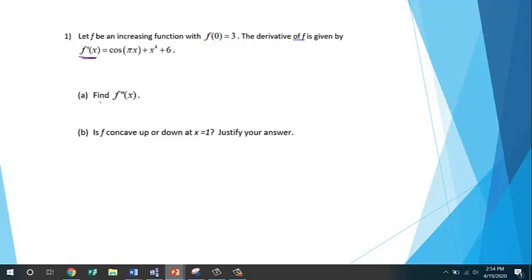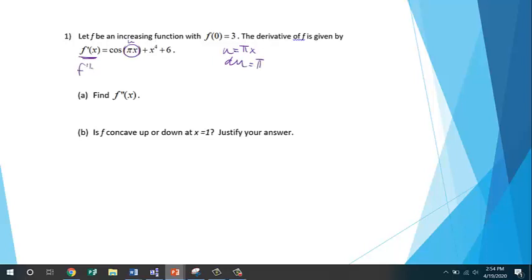So just keep that in mind as well. All right, part A says to find f double prime of x. Since I'm at f prime and it's asking me for f double prime, I simply want to take the derivative. So if I have cosine pi x, we're going to make this cosine of u. So u is going to equal pi x, and so then du is going to equal pi.